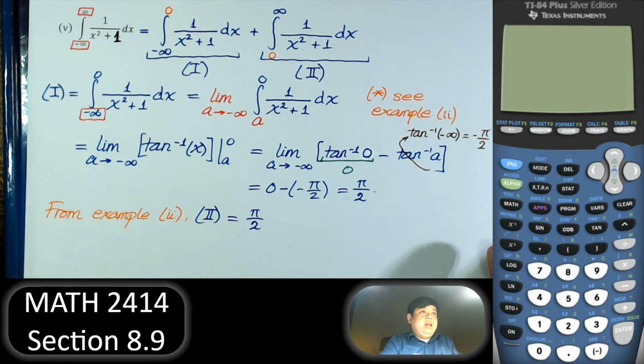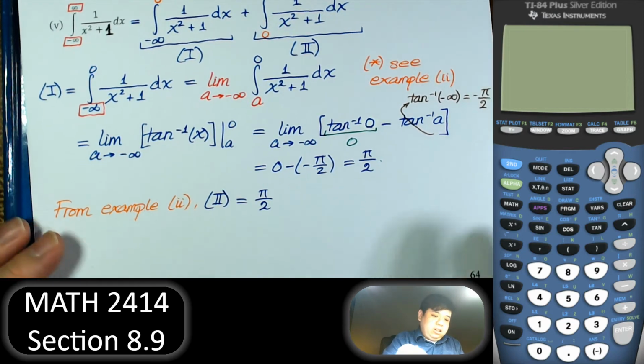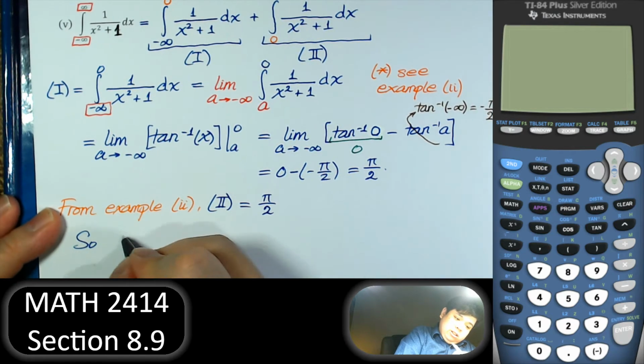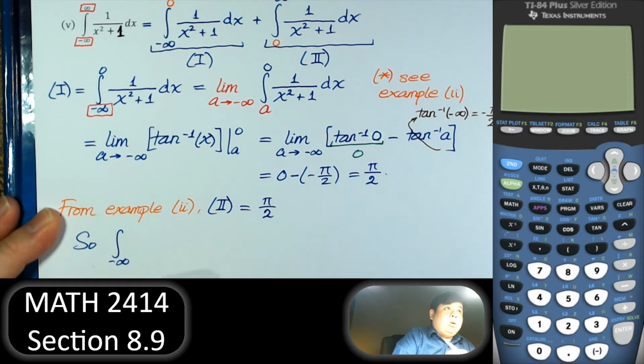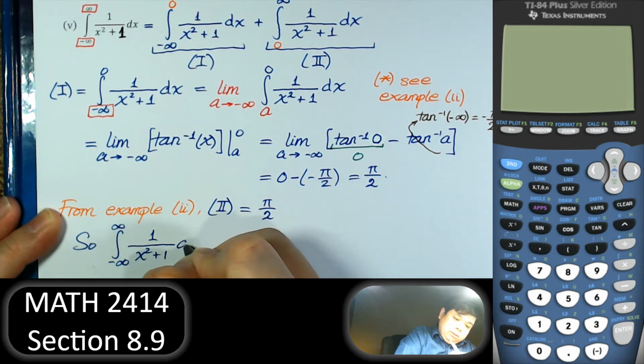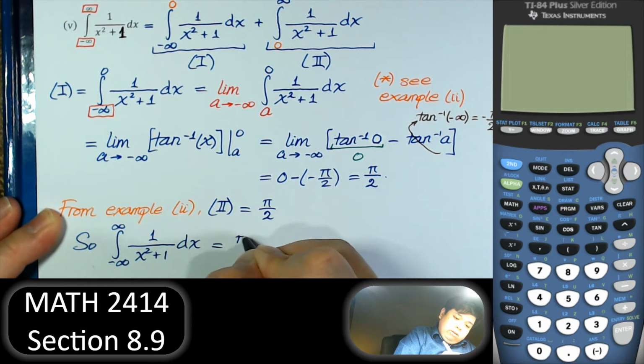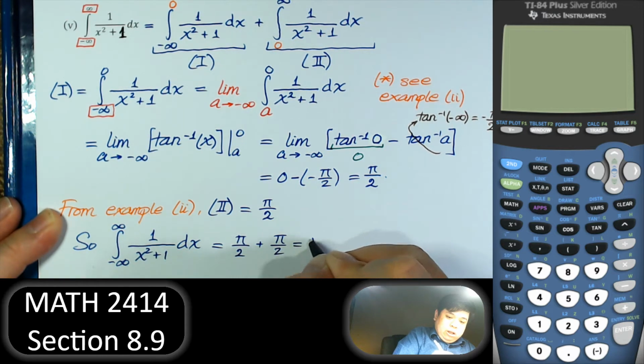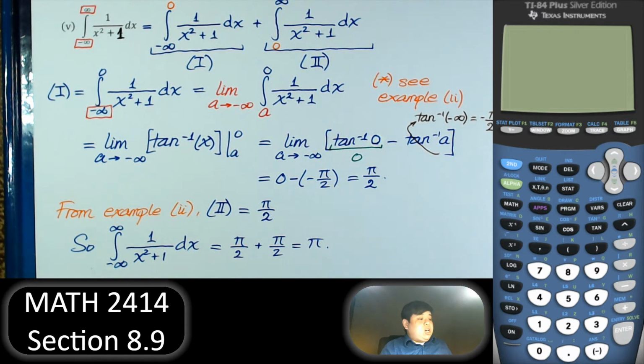So when we add this together, the integral from negative infinity to infinity of 1 over x squared plus 1 is equal to pi over 2 plus pi over 2, which is pi. Right.